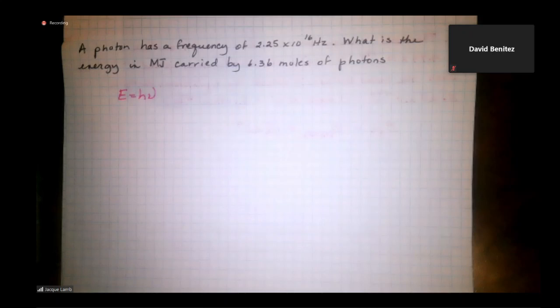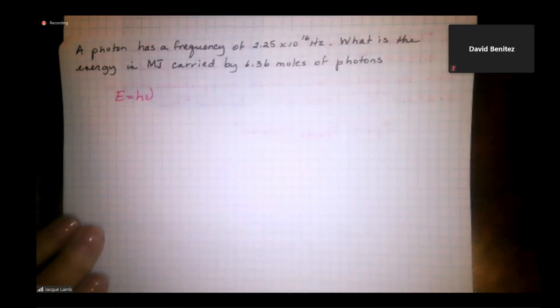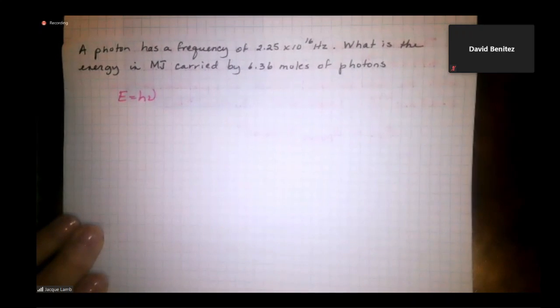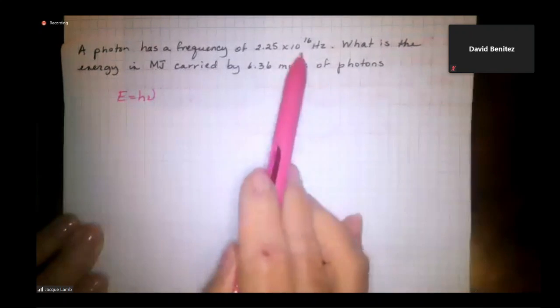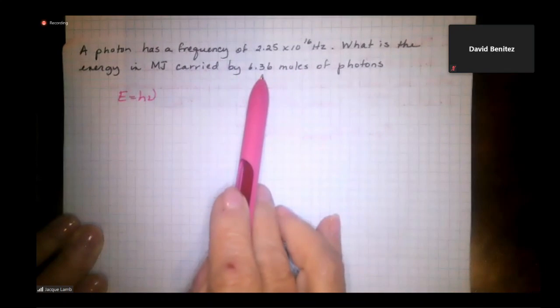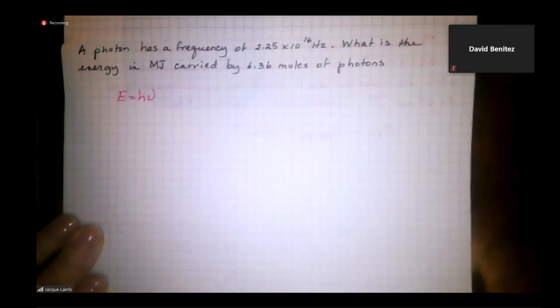What you didn't make note of is that this is calculating the energy per photon. By the way, your numbers would have been different. This was using a random number generator, so everybody had different numbers. But I did one with 2.25 times 10 to the 16th hertz and 6.36 moles.